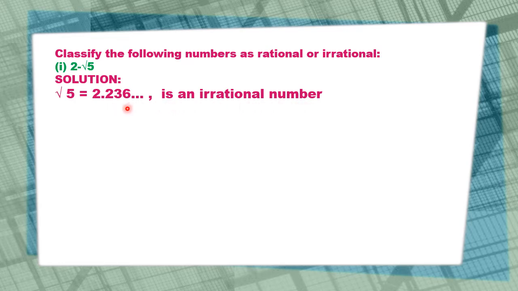Because it is a non-terminating, non-recurring decimal expansion. 2 minus root 5 is equal to 2 minus 2.236 and so on. 2 minus 2 will be 0 and the other numbers after the decimal point will be as they are. As you can see, they are non-terminating and non-recurring. Are they so? Yes. Then what type of number will it be?